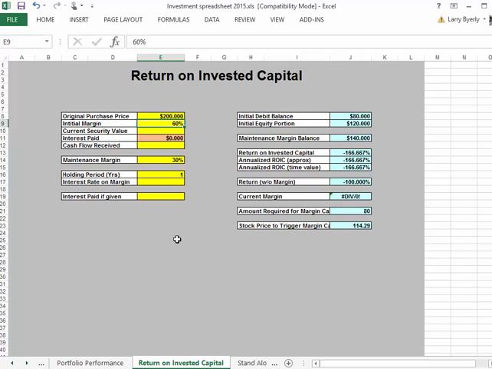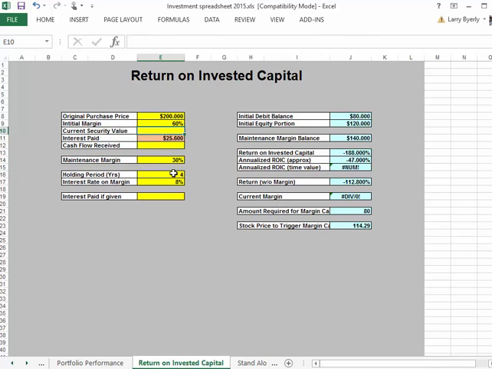Let's say that on this margin account, they also tell us that we're going to have to pay interest on the money on this balance. So let's assume that the interest rate is 8%. So we're going to have to pay 8% interest on this balance for this particular stock. Let's say that we've held this stock for 4 years.